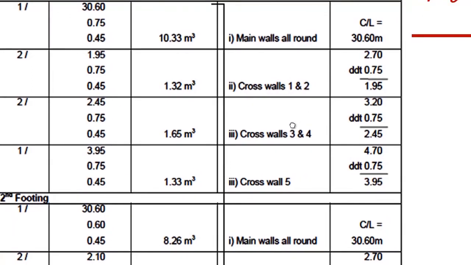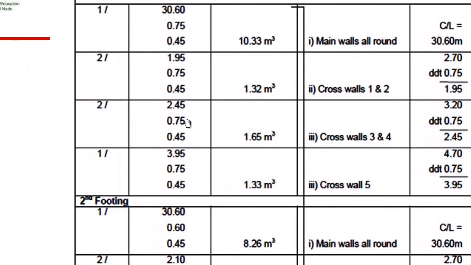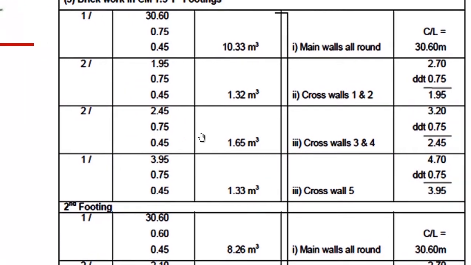The center to center of cross wall 3 and 4 is 3.20 meter. Now we deduct one breadth, 0.75. 3.20 minus 0.75 is 2.45. Then breadth 0.75, depth 0.45.